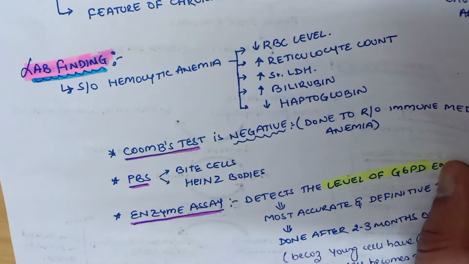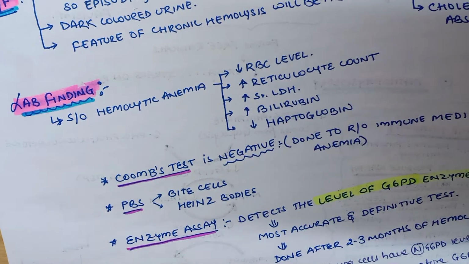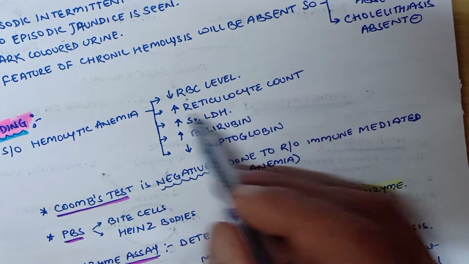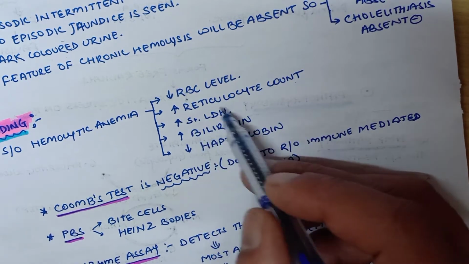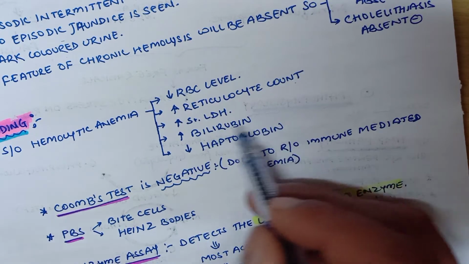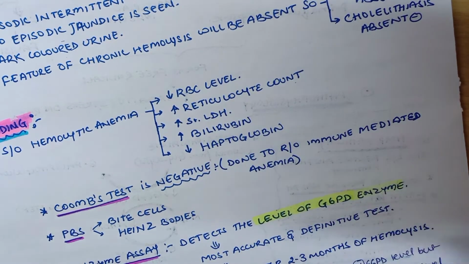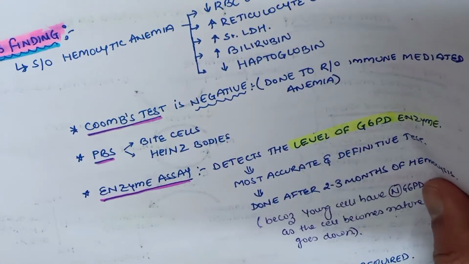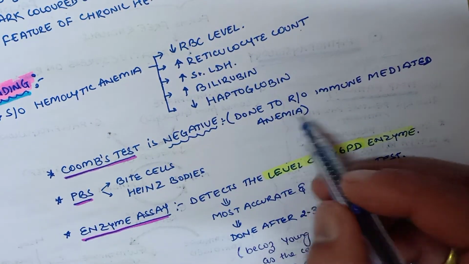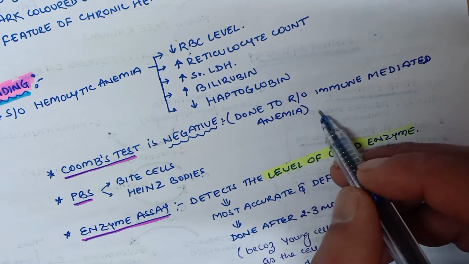Now coming to the lab findings, which are suggestive of hemolytic anemia. There will be a decrease in RBC, increase in reticulocyte count, increase in serum LDH level, increase in indirect bilirubin, and a decrease in haptoglobin. Coombs test is negative, and it is done in order to rule out immune mediated anemia.